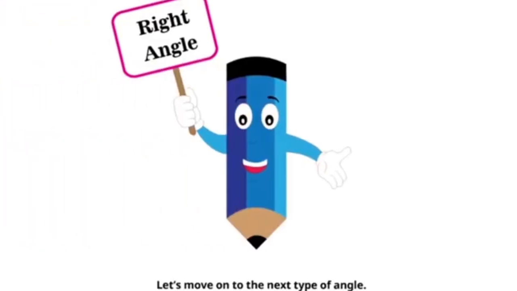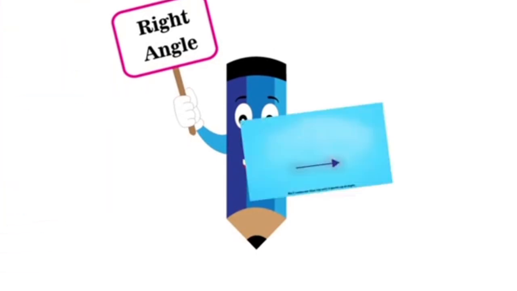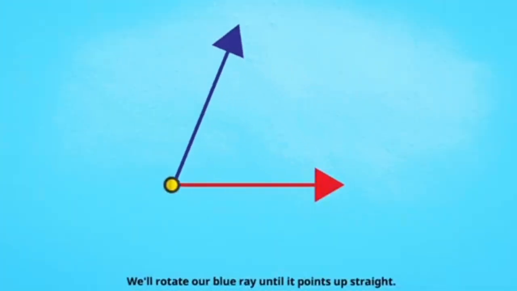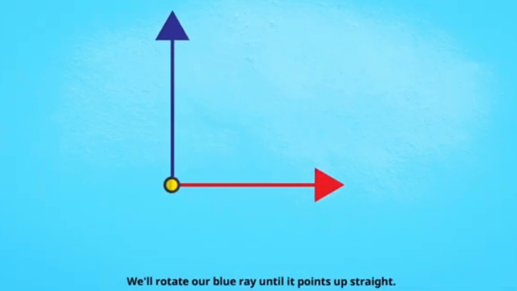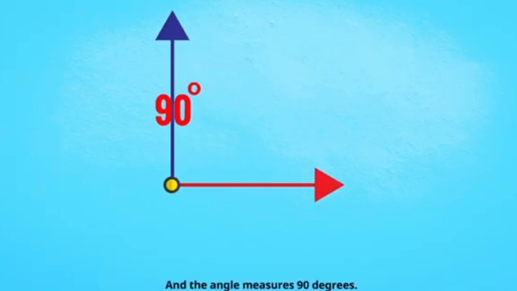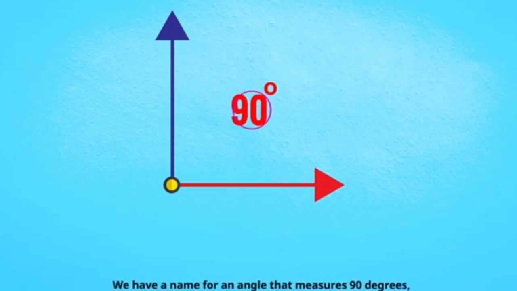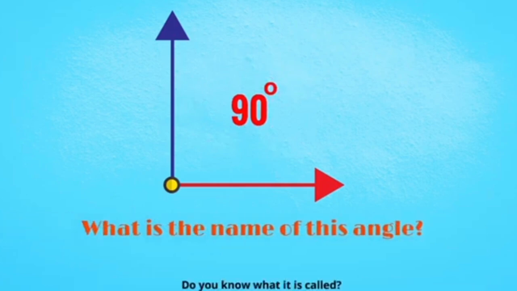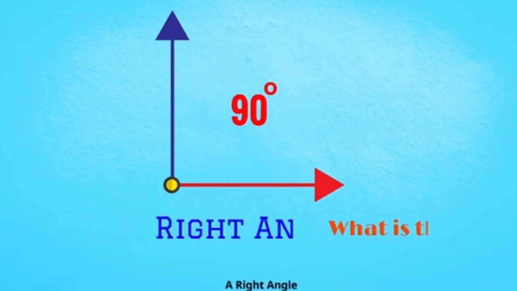Let's move on to the next type of angle. We will rotate our blue ray until it points straight up and the angle measures 90 degrees. We have a name for an angle that measures 90 degrees. What is the name of this angle? Do you know what it is called?